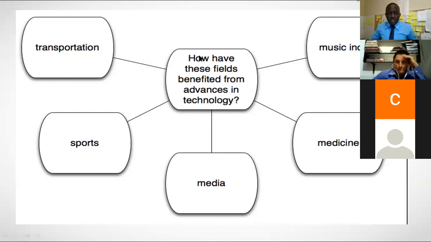I'm going to try, teacher. Okay. Yes, please go on. Okay. Talking about how have these fields benefited from advances in technology, I think about transportation. For example, some years ago there were only vehicles that transported one person and no more.